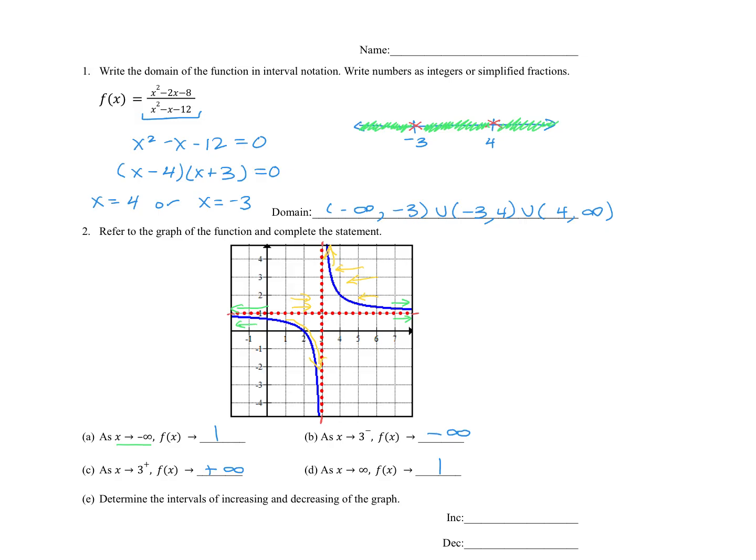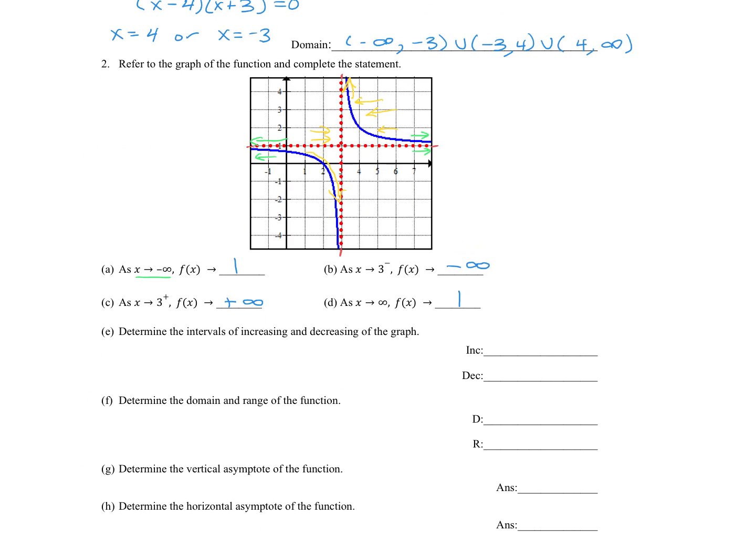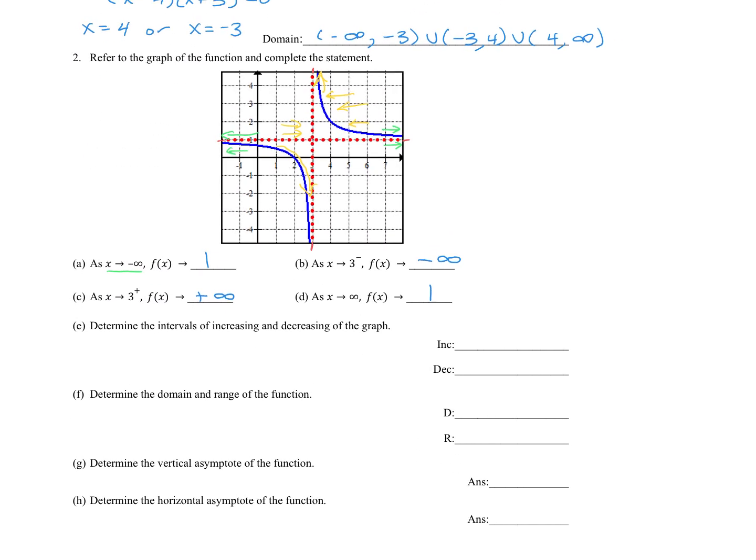All right, so let's move on to other questions about this graph. You will notice that this function is always going down. As I move from left to right and read it, the blue curve is going down. And then when I start on the other side of 3, the blue curve is still going down. So this thing is always decreasing.